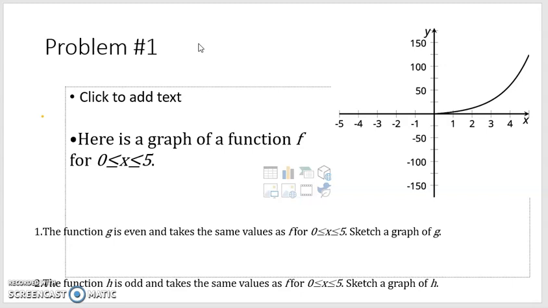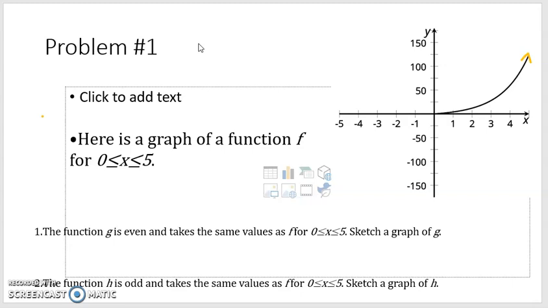Since we see this graph going upward on the right-hand side, those same y values are going to show up on the other side. It's going to be like a mirror, or like you open and close a book, or butterfly wings.